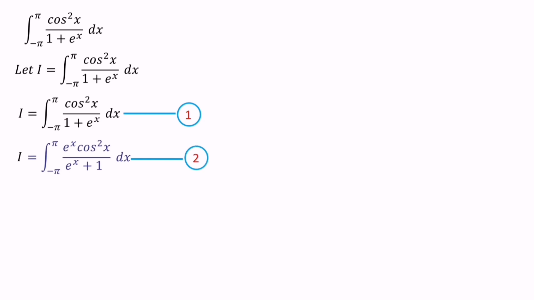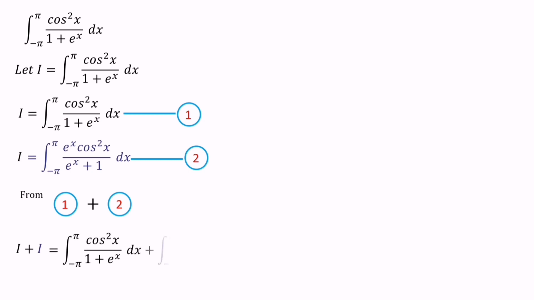Now we can add both equation number 1 and 2. So on the left hand side we have I plus I. On the right hand side, the integral of cos squared x over 1 plus e to the power of x plus the integral of e to the power of x times cos squared x over 1 plus e to the power of x.